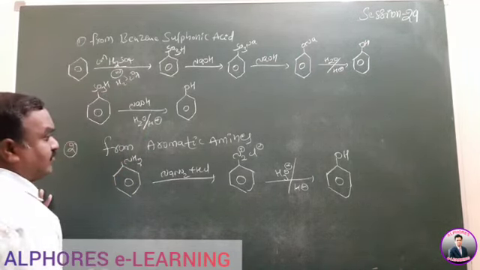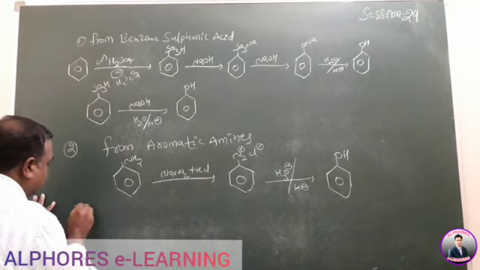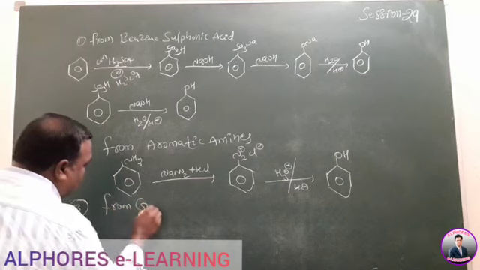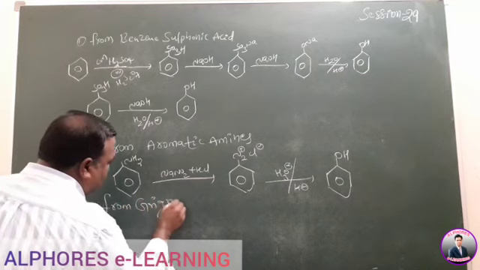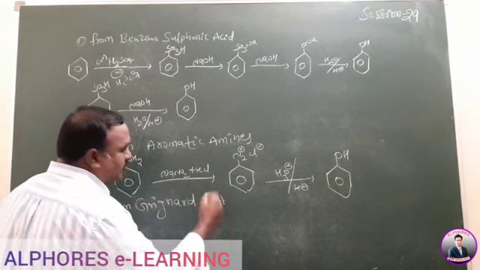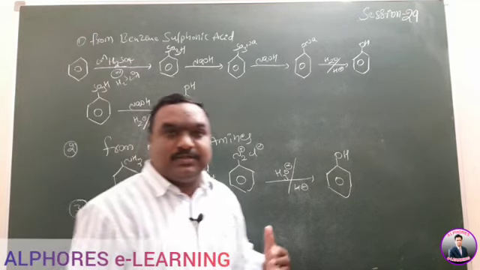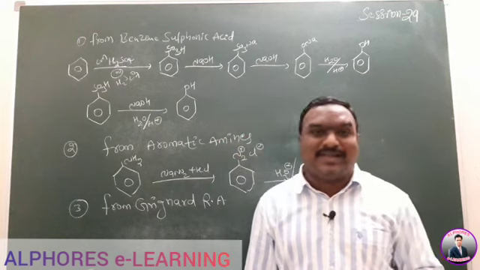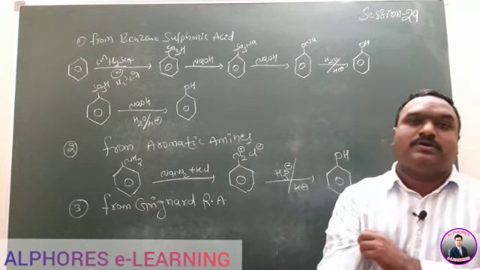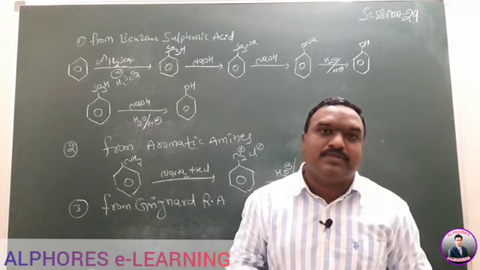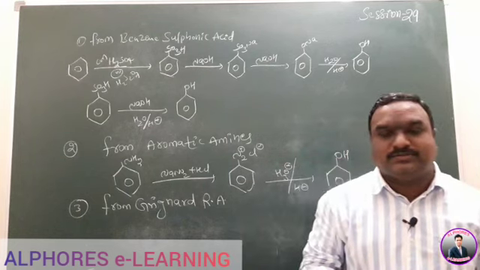Next one is from Grignard reagents. How to prepare the Grignard reagent? Alkyl halides or aryl halides react with magnesium in the presence of dry ether to form the Grignard reagent.